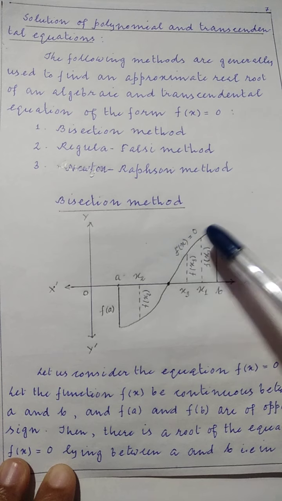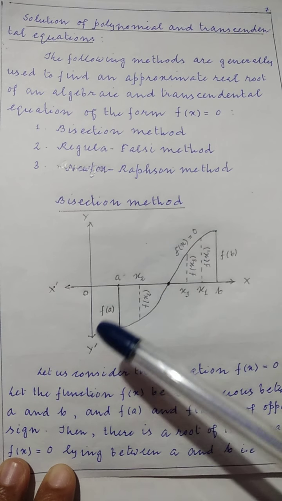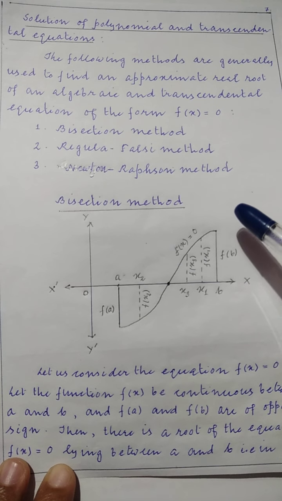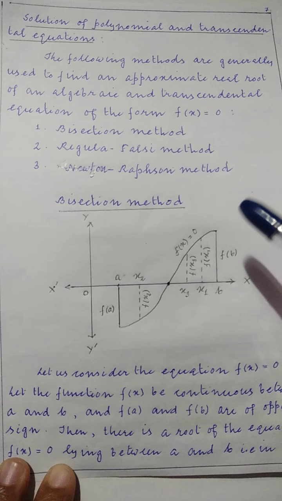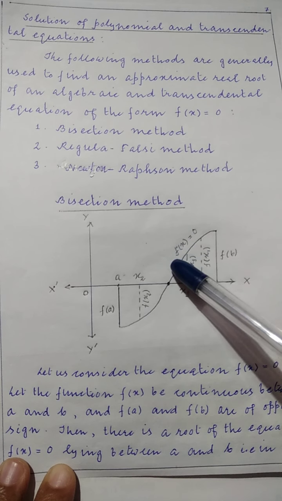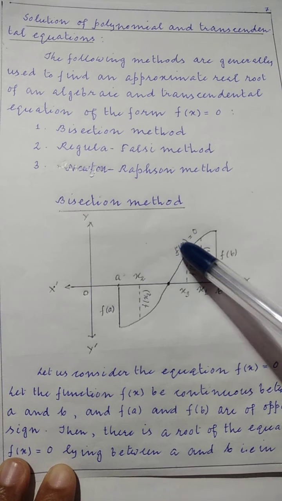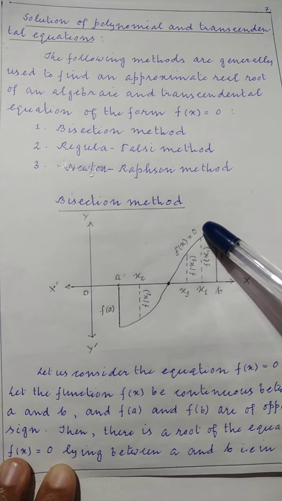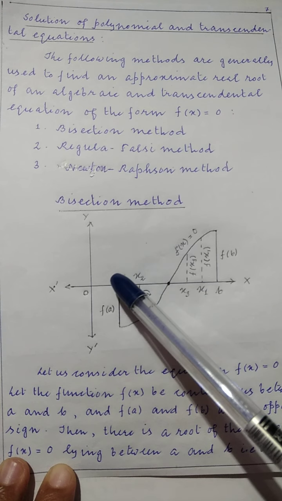Now every equation can be represented with the help of a curve. This curve may be continuous or it may be discontinuous, but in this case, for the function f(x), we are getting this curve, and here the function f(x) is continuous between these 2 points a and b.